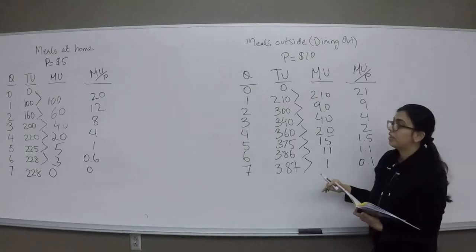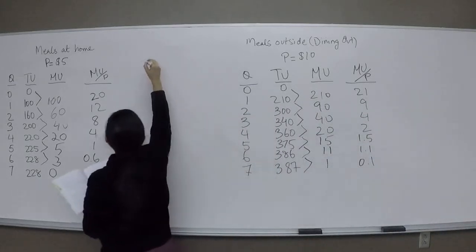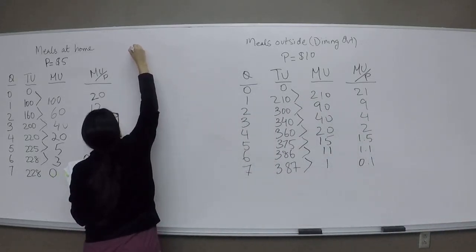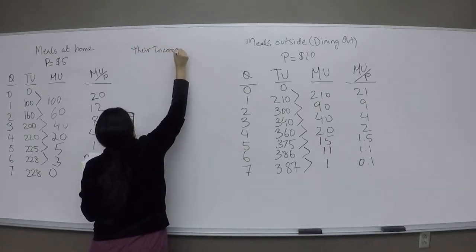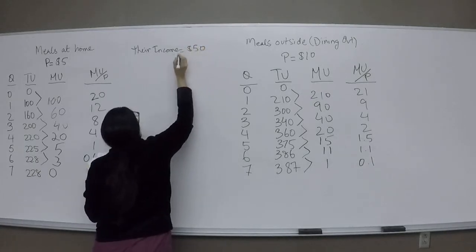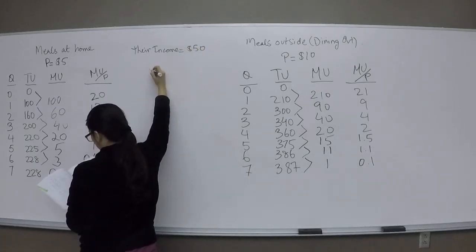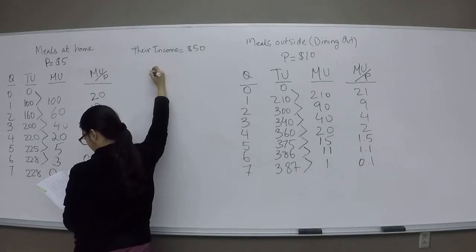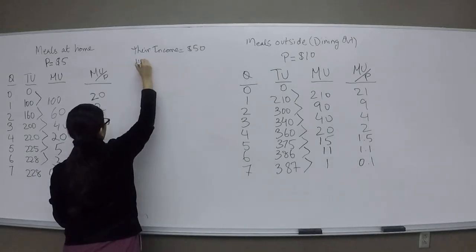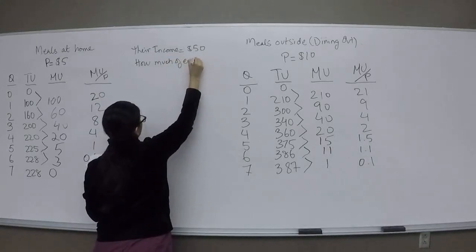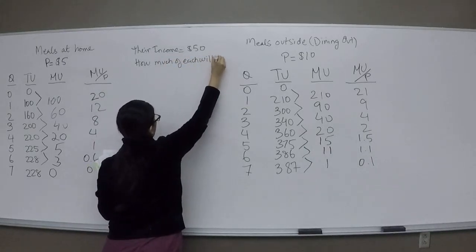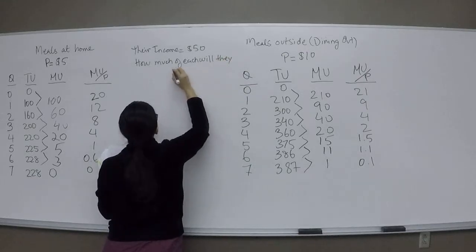Now you're told that their income is $50. And the question is, how much of each will they buy?